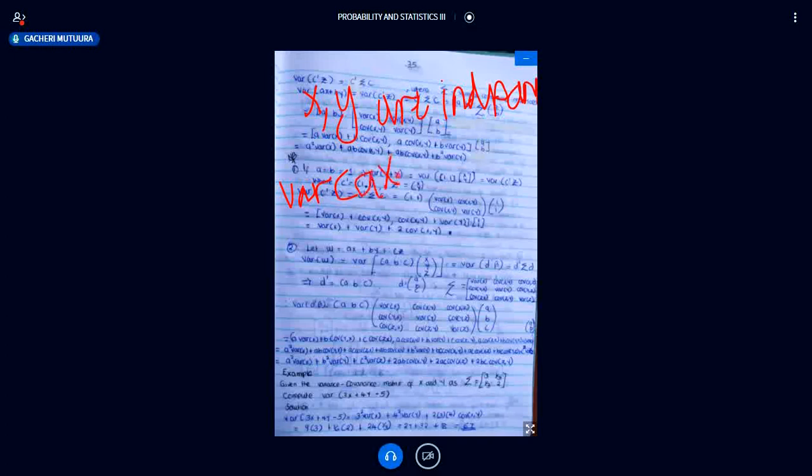So the variance of AX plus BY, if X and Y are independent, will simply be A squared variance of X plus B squared variance of Y. I normally teach this here, then when I go somewhere else and recall it, nobody remembers I said anything of this caliber.